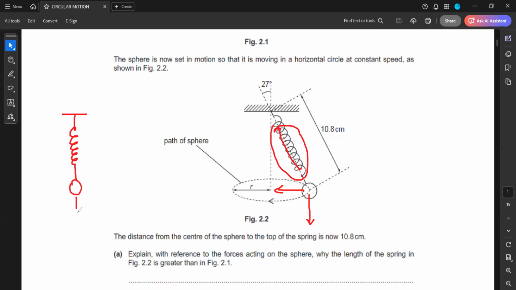When it was vertical, only weight was acting downward and a force of the spring was acting upward, so W equals F. But when it moves in a circular path, there is a force directed towards the center and a weight acting downward. Combined, their resultant will be more, and as a result the force on the spring will be greater, so it will have a greater extension.